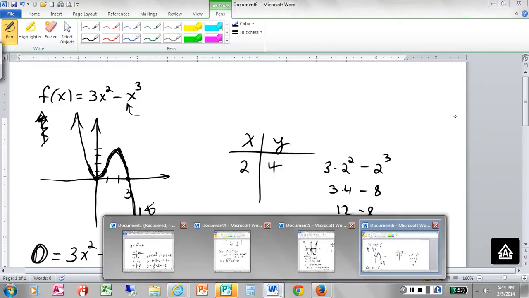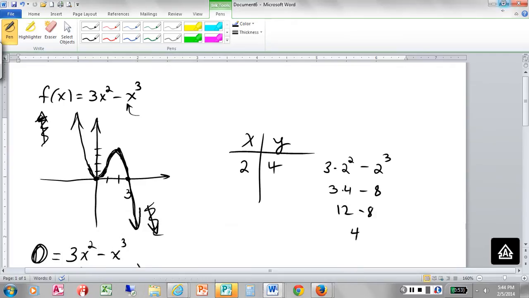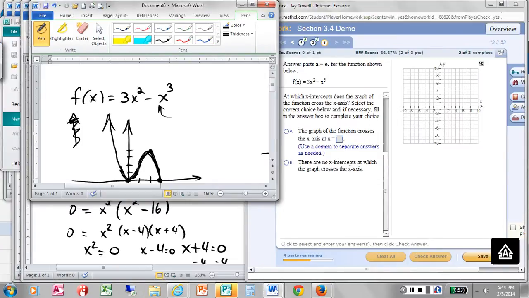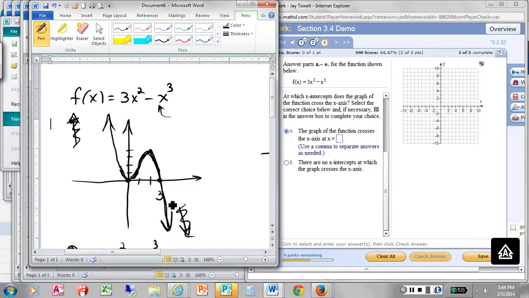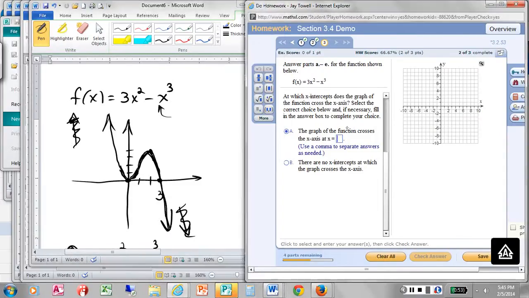Okay, so back to our question. At which x-intercept does the graph cross the x-axis? Well, in this case, it crosses the x-axis at x equals 3. It just crosses there at x equals 3.